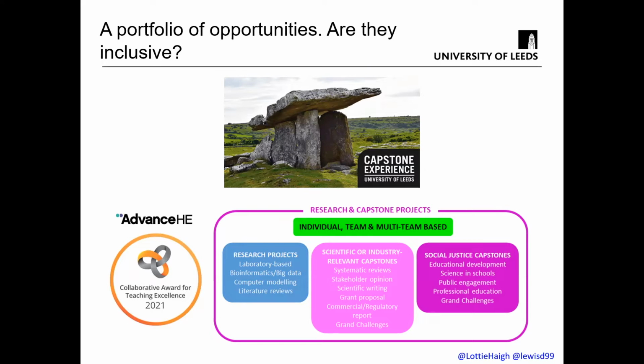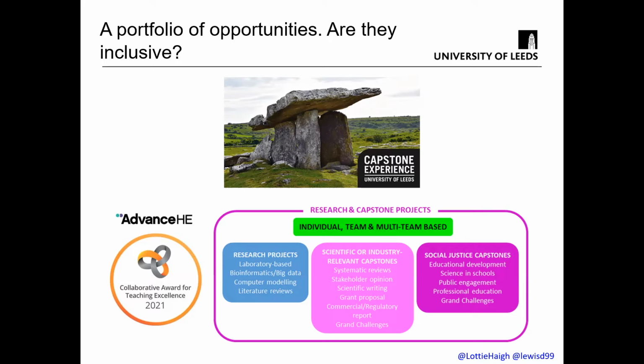And we have social justice capstones for those that want to use their science in the broader community. We've always thought that by having this broad portfolio, there is something for every student that really addresses their particular needs or career direction. We've gone one stage further by giving them the choice of assessment tool, so they can decide how they wish to be assessed. The question we really wanted to address is: is it really inclusive?